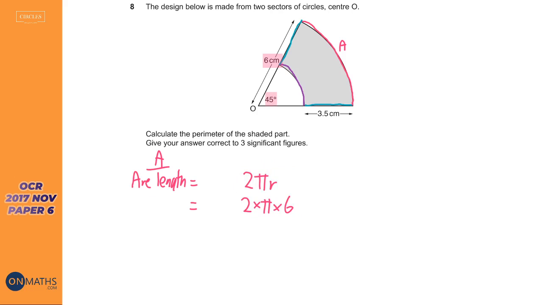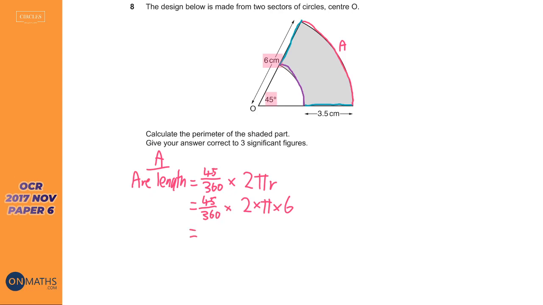So if we did 2 pi r, we'd get the circumference of the full circle. So we just need to find out what fraction we've got. So it says 45 there, and we know all circles go up to 360. So we just need to times it by 45 over 360 because we don't have a full circle.